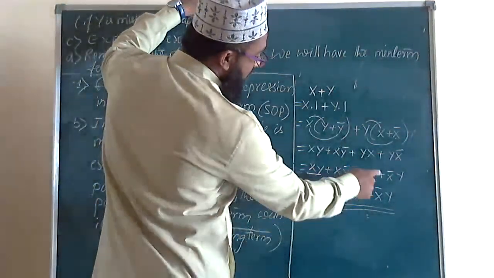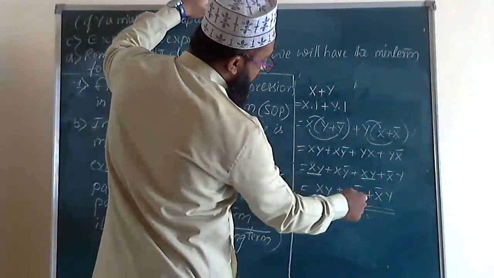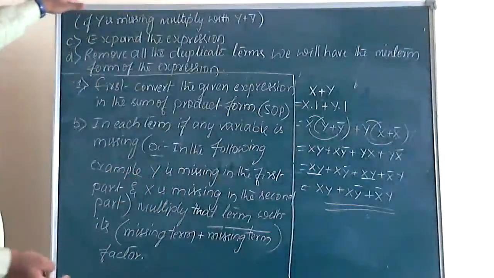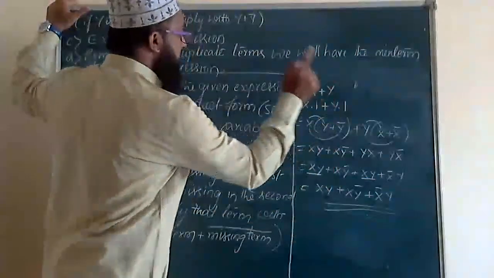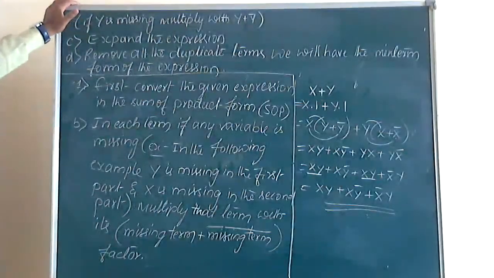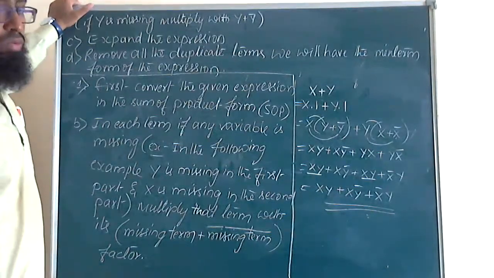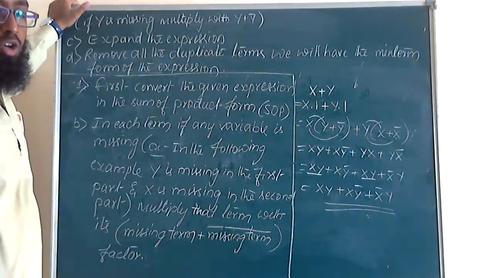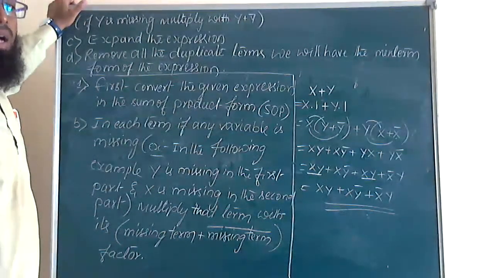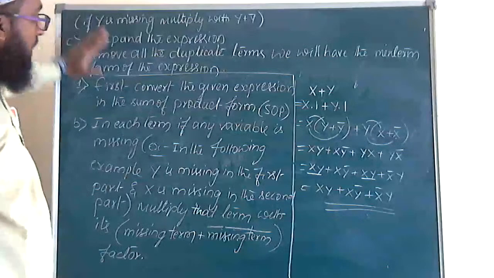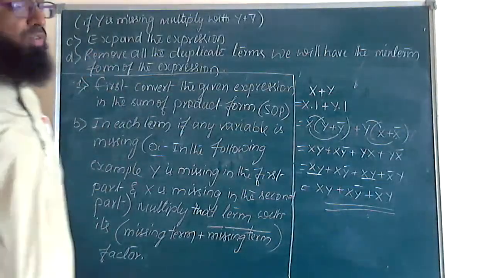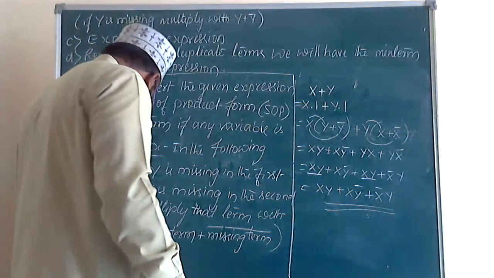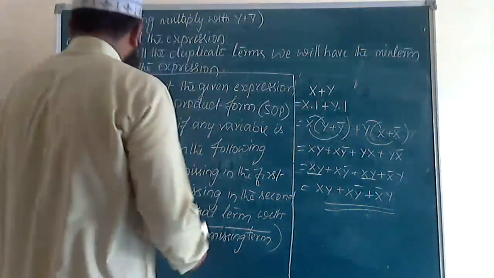Removing the duplicate, put x bar into y. This is the min term form of the given expression. Like this, we have to solve for the min term. Now I will show you the second method of expansion of the expression. So we will take one example.